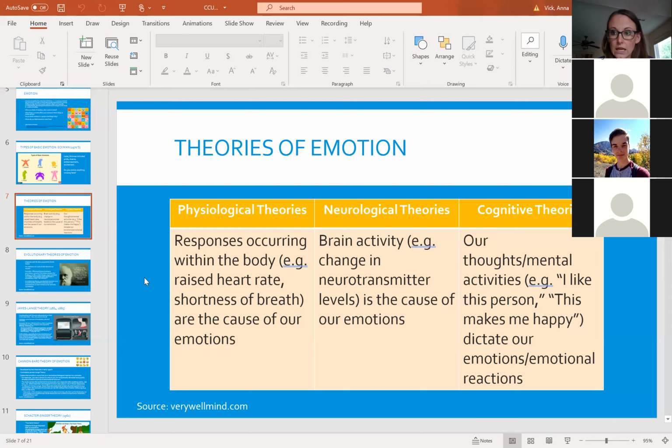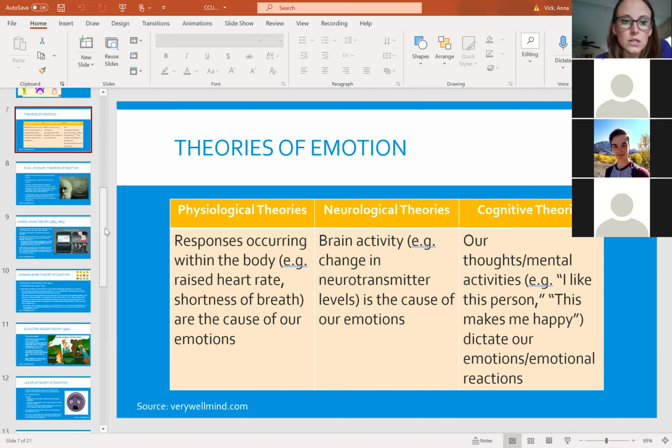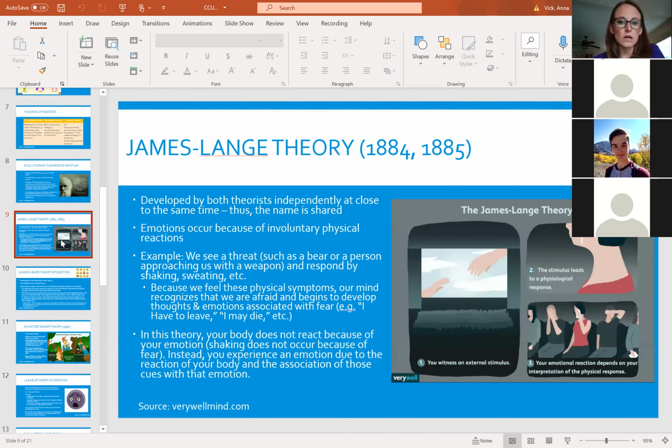So when I think, I'm never going to get my work done, I'm failing, that causes me to feel discouraged, frustrated, hopeless, and my actions then will be to put on the TV, pop some popcorn, fall asleep, and just give up. That's an example of the cognitive theory, and that obviously could go in the other direction as well.